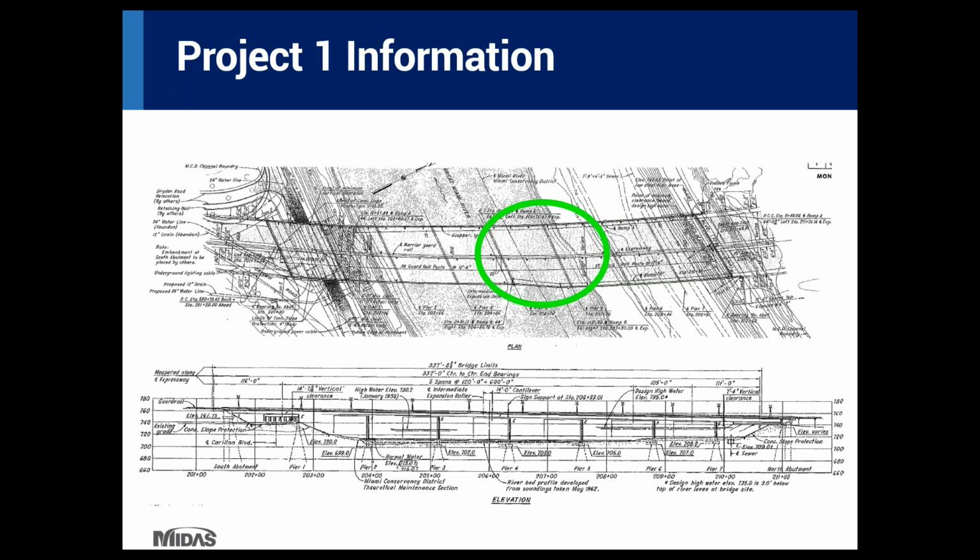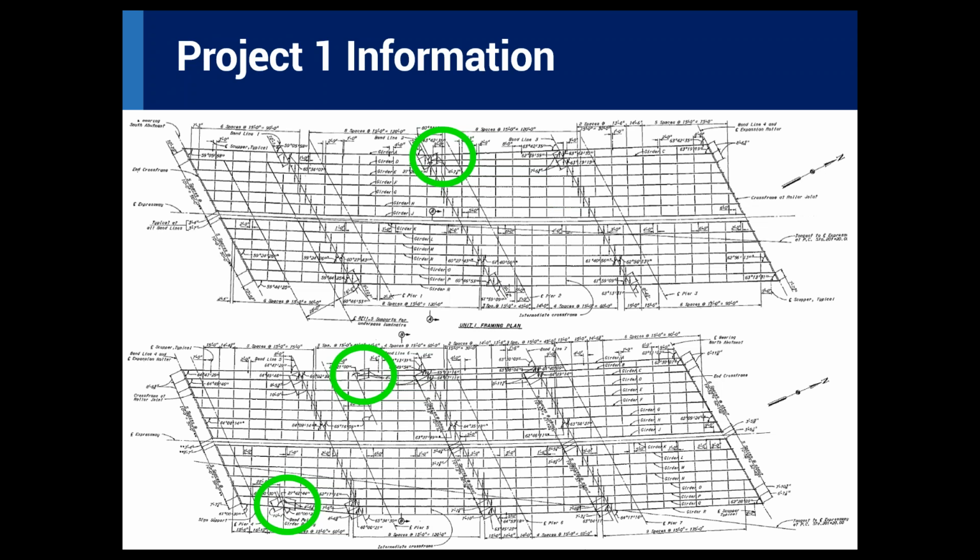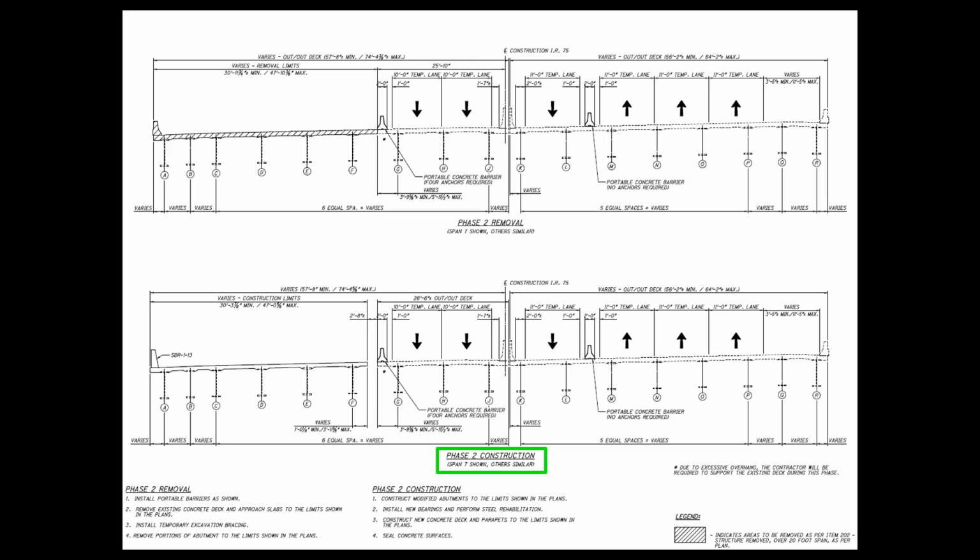So the first project, as you can see, has the deck widening in the middle and also gradually throughout the whole structure. You can see further details in the framing plan as shown over here. That's the original structure. And this is the phase 2 through 5.